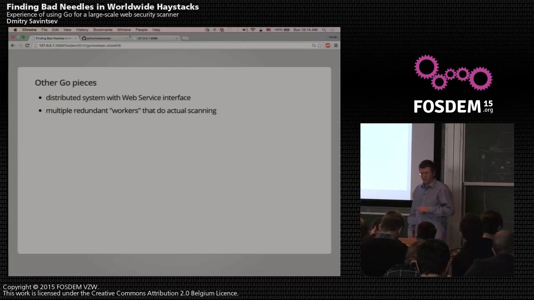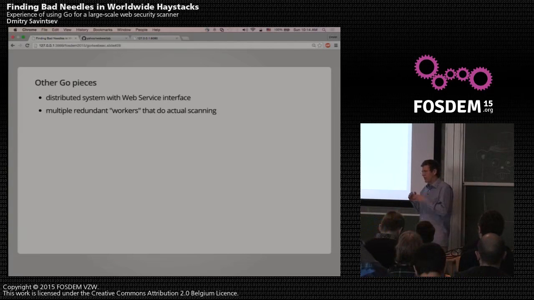For the scanner system, we also had a distributed system with a web services interface and multiple redundant workers that actually do the scanning. So this is a web server that provides the web service front end, takes a request, and then multiplexes it to one of the workers.